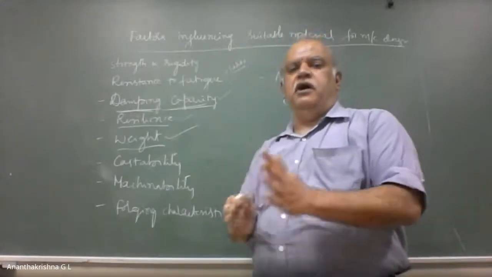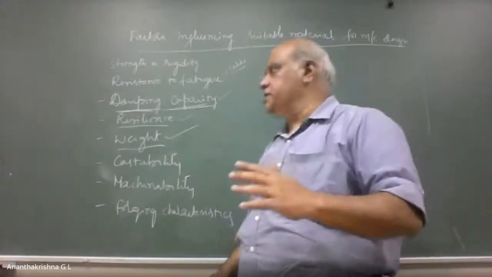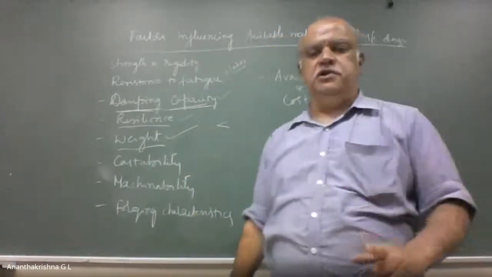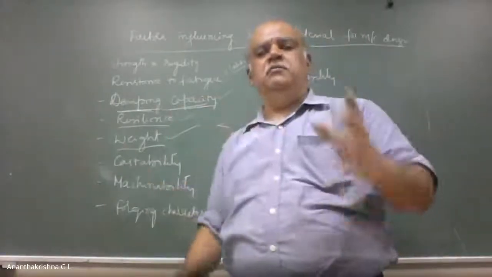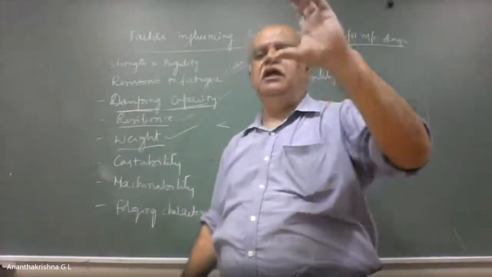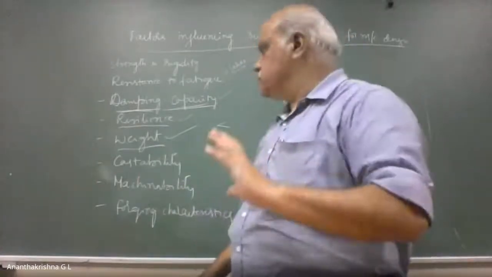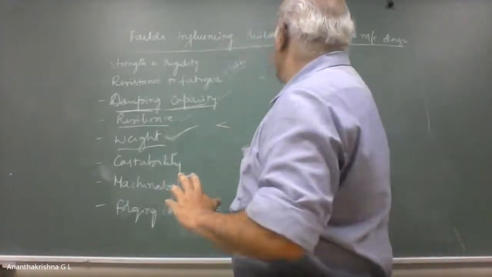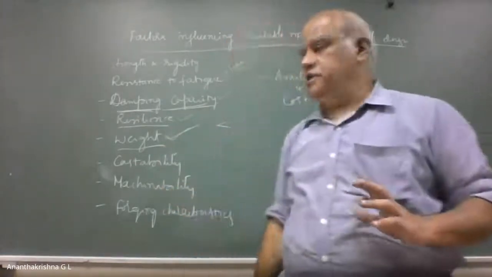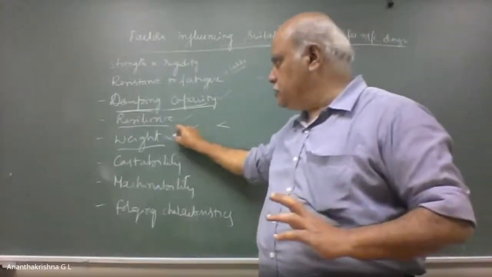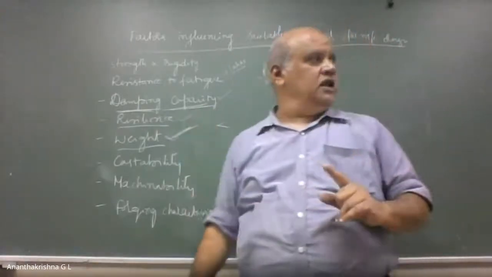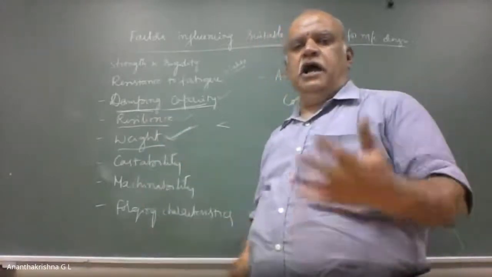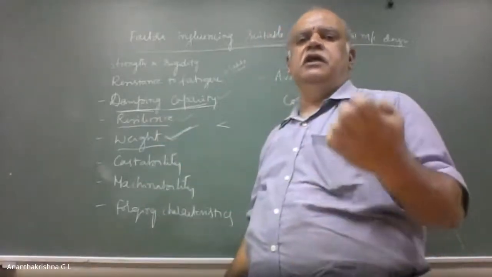Otherwise, for aeroplane applications, you need a low weight to strength ratio. That means it should be stronger, but at the same time its weight should be less. So weight is another factor that will influence our selection of suitable material in machine design. If you are designing an aerospace component, you should select material such that its strength is high and at the same time its weight is low.